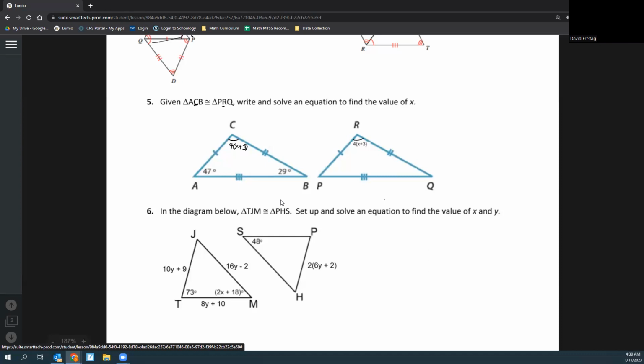Knowing that, I can write all three of those up. 4 times the quantity x plus 3 plus 47 plus 29. All three of those angles should add up to be 180. Then I distribute my 4 all the way through. 4 times x is 4x. 4 times 3 is 12.